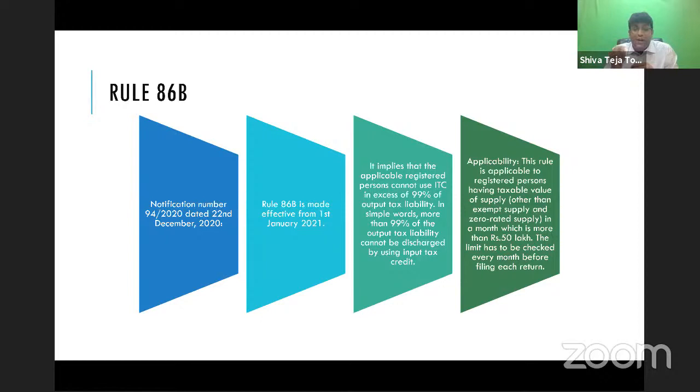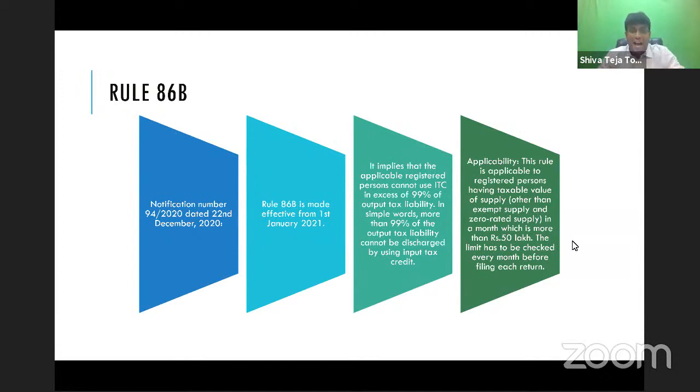But one new notification and rule 86B brought in that even though you can use full credit, we want you to use only 99% credit. Balance 1%, please pay using the cash ledger. Government is not having funds. Please pay at least 1% using the cash ledger. Like this, they are asking or requesting or demanding, whatever you call it.